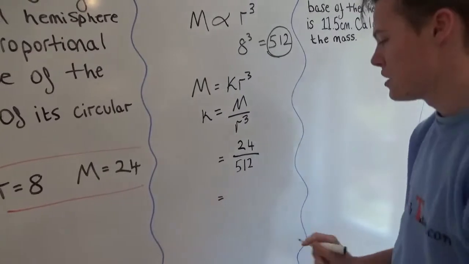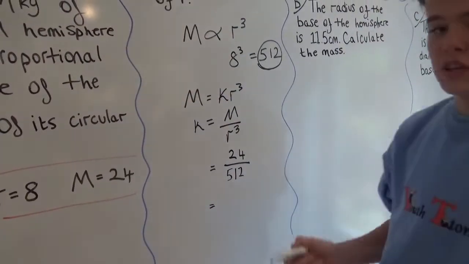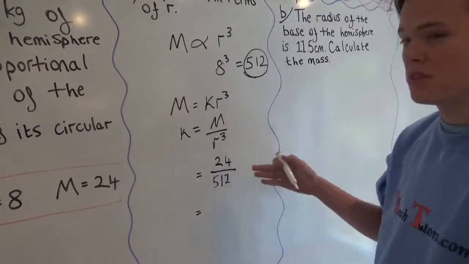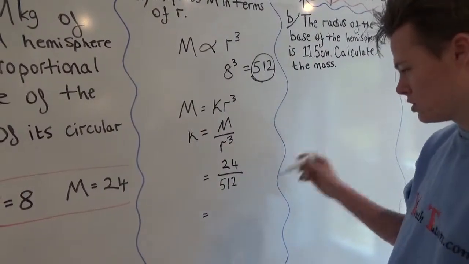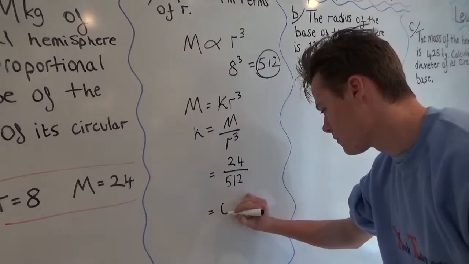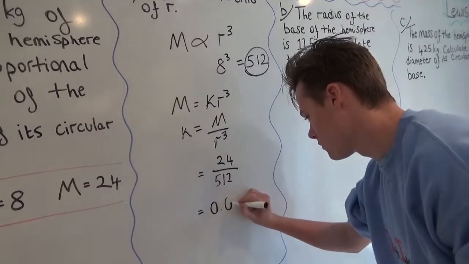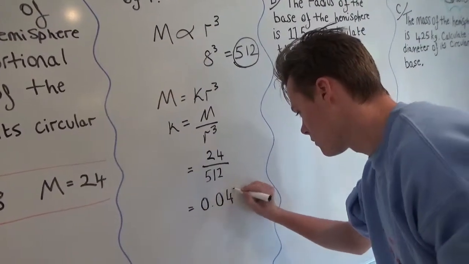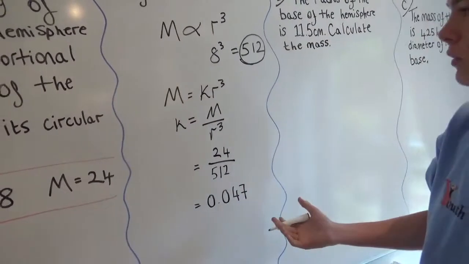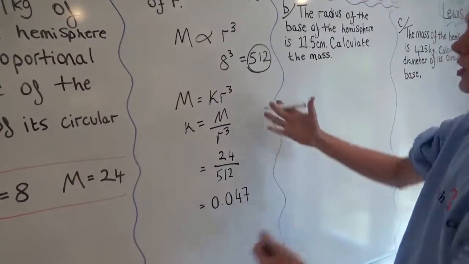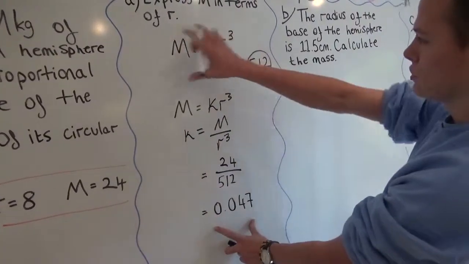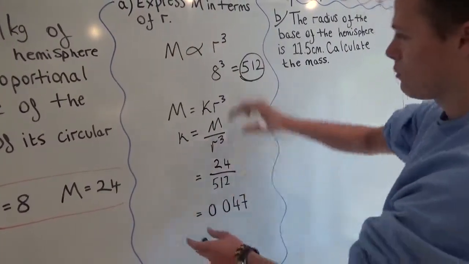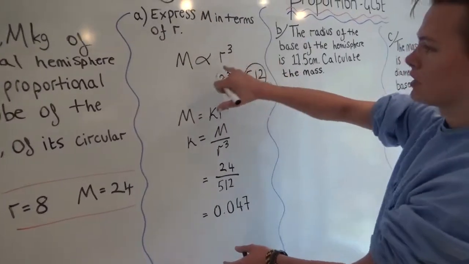Then you probably need a calculator to work that out. I'm going to do it to 3 significant figures, and it comes out as 0.047, I believe. So now we're going to put that back into the top equation, so we know how much we need to times r cubed by to get the mass.